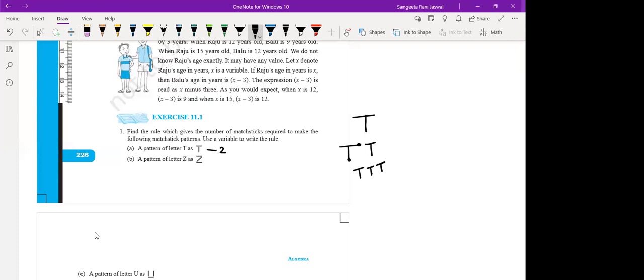I can write it as 2x. Let the variable be x. Why x? Because 2 into 1 is one shape. These are 2 shapes, so 2 into 2. These are 3, so 2 into 3. So it is 2 into x. Are you understanding now what is x?